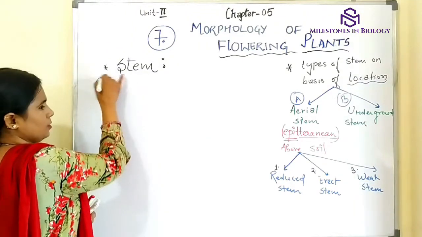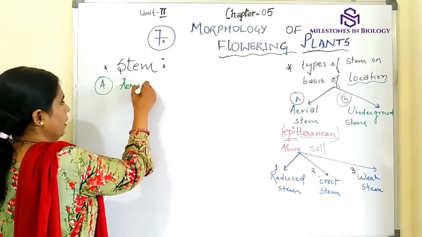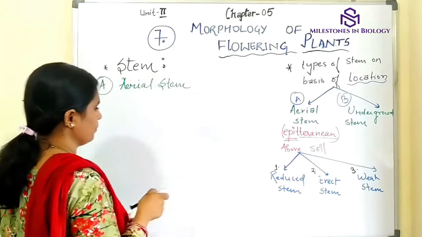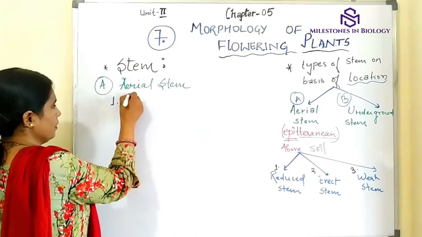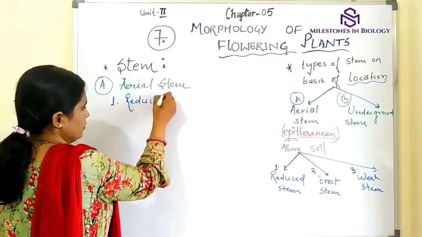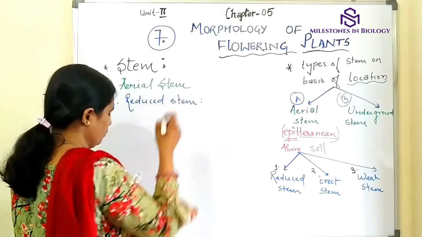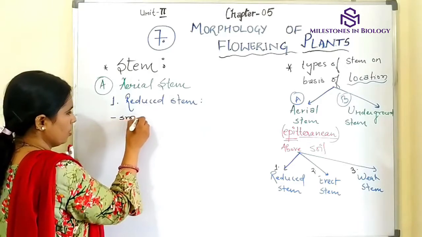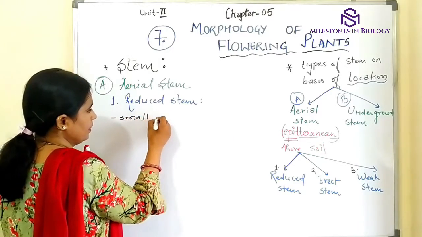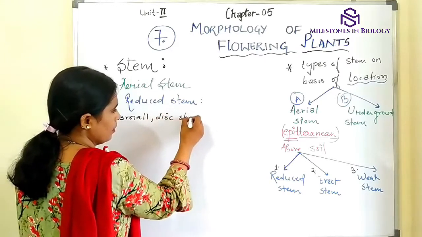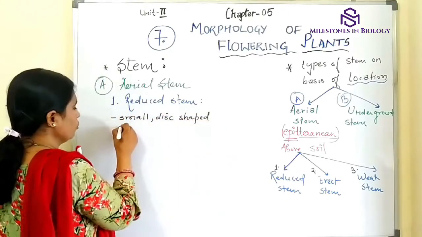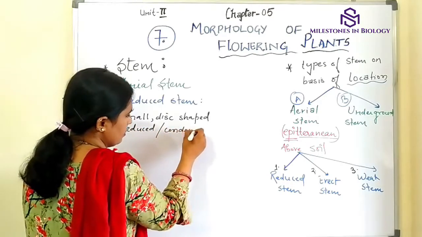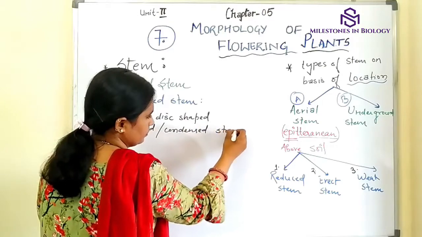So first we will be discussing aerial stem. In aerial stem, number one is reduced stem. So what is this reduced stem? It is a small, disc shaped, reduced, or you can say condensed structure.